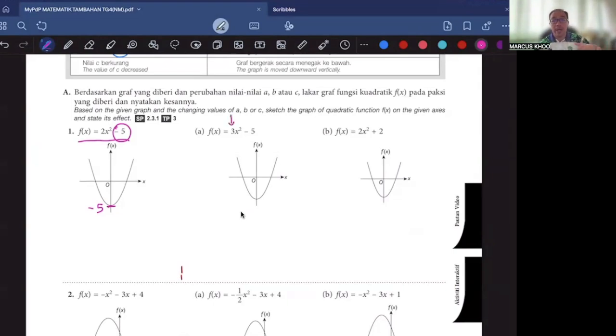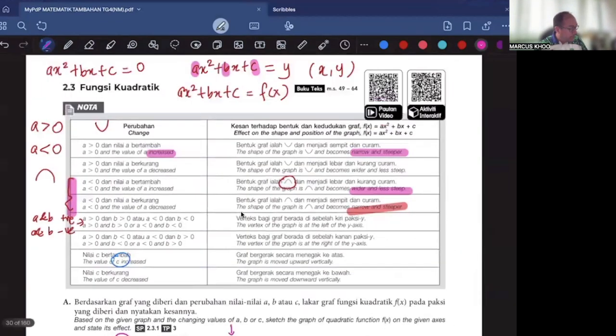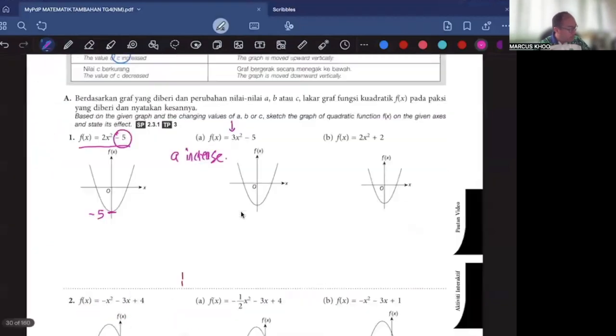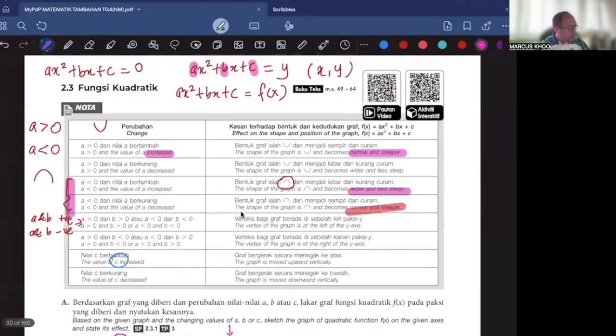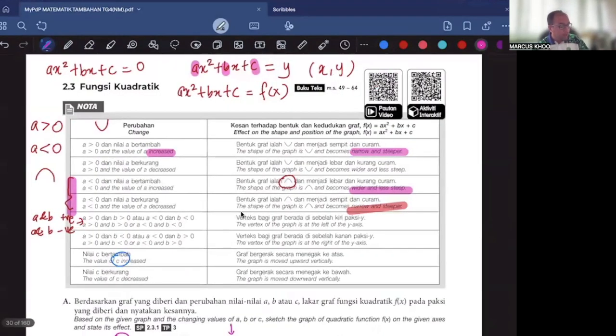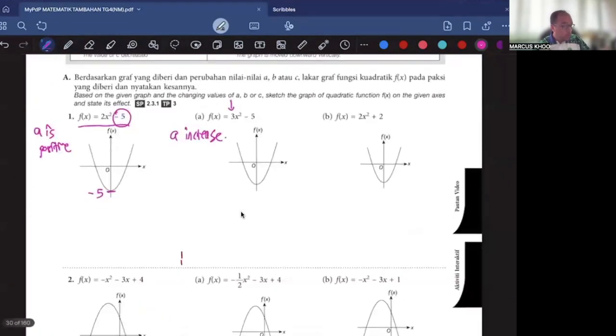Notice that A increases. So look at your notes: if A increases, what happens? The original A is positive, and A increases. What happens is the graph becomes narrower and steeper. So you will have the exact same graph, except that it will be narrower and steeper.